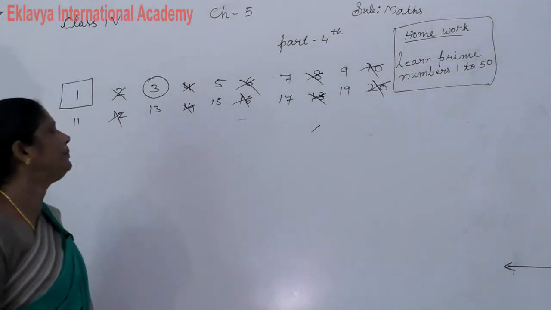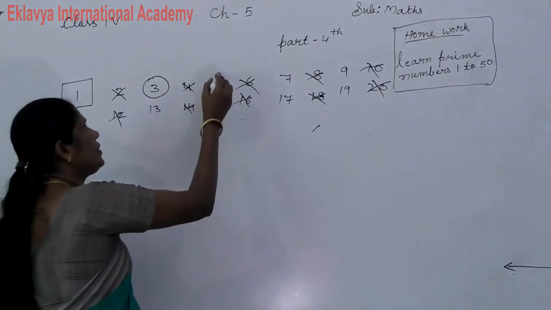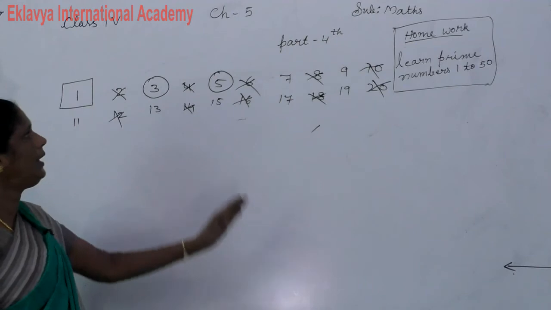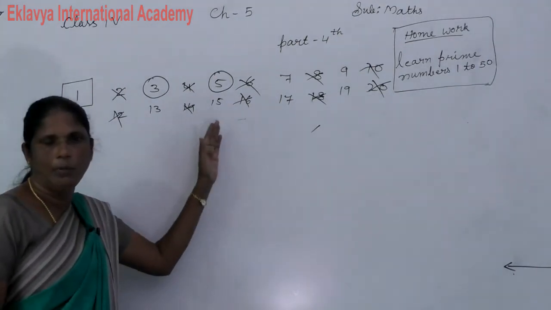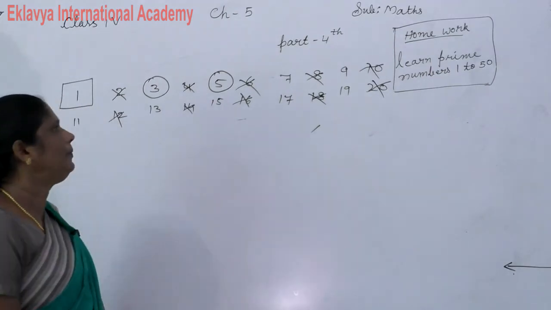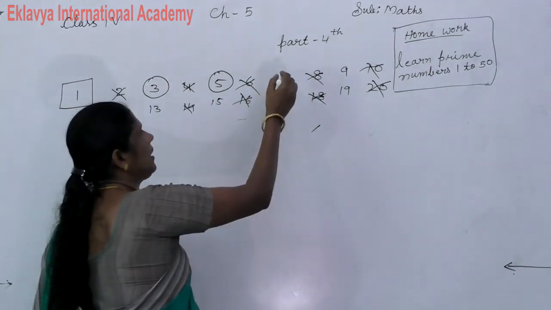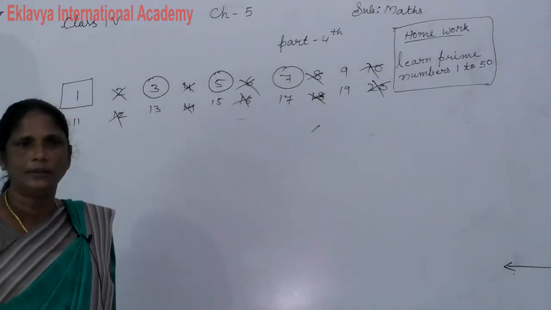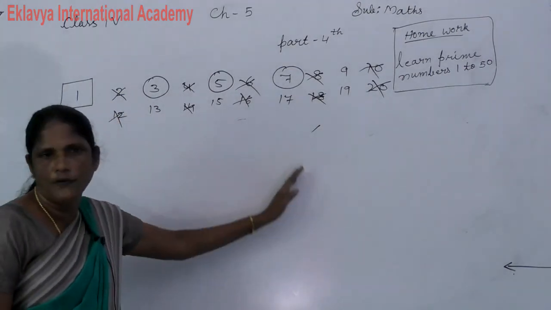Then again you circle the 5. Again you cut the table of 5. Understand? Then you circle the 7. Then you cut the table of 7.